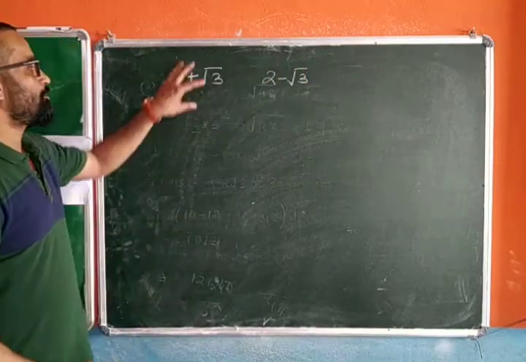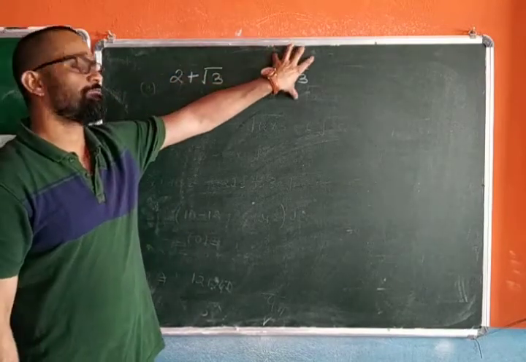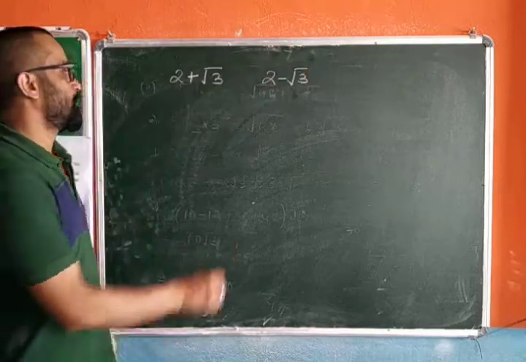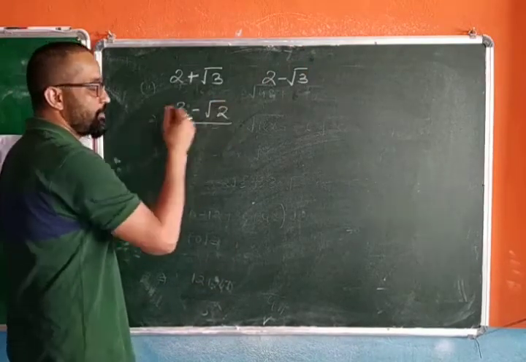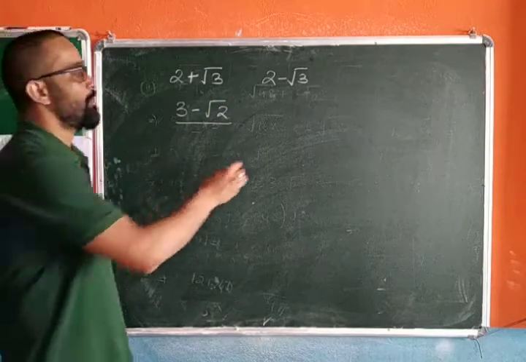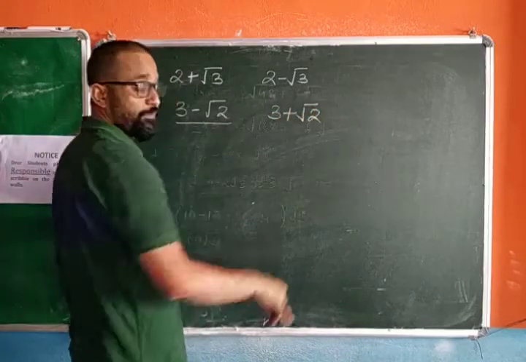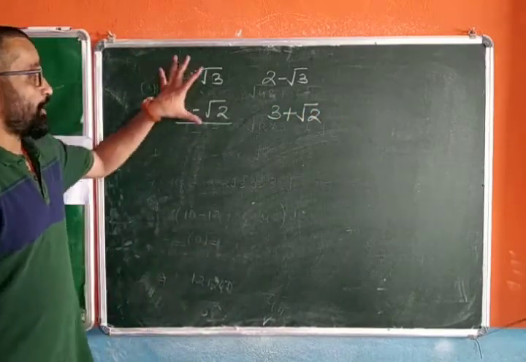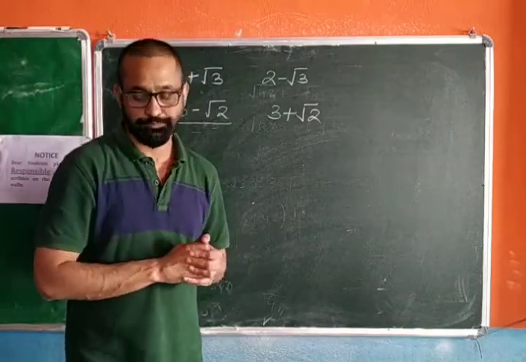Remember, if the given surd is positive, the rationalizing factor is negative. If you have 3 minus root 2, the given surd is 3 minus root 2, so the rationalizing factor is 3 plus root 2. And we always rationalize the denominator.